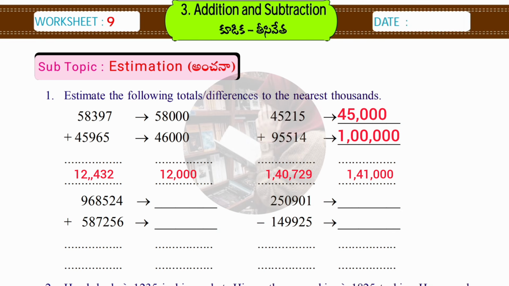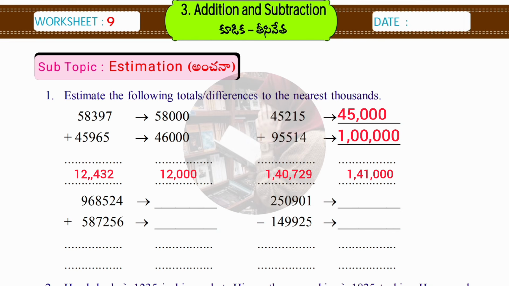Let's move on to the next question, which is 45,215 plus 95,514. If you add both the numbers, you will get the answer as 1,40,729. Now we have to write each number to the nearest 1000. Here 45,215, after 45 we have 2, so we keep it as 45,000 itself.